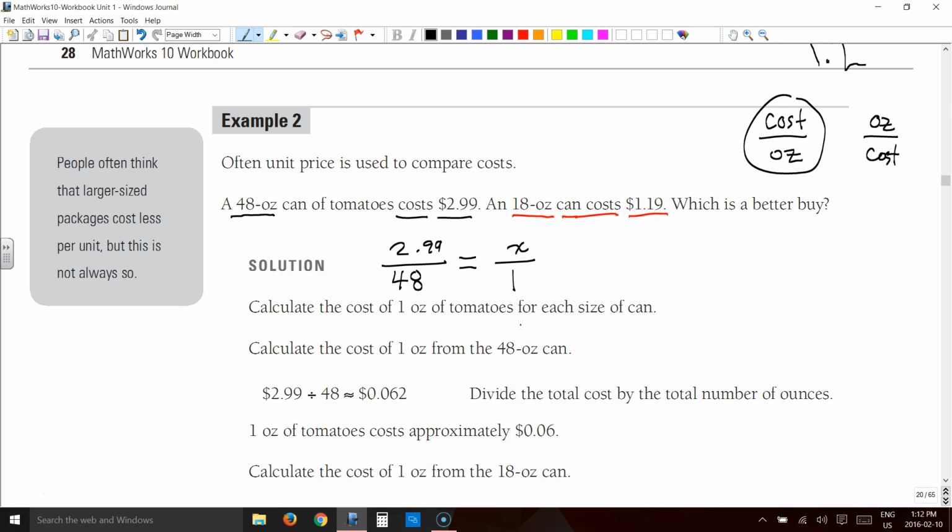Now I heard in the back that one of the students is saying, well, why don't we just take one and divide it by the other and you can find the unit cost? And that's true. The reason I set up a proportion is because it happens a lot that you forget how to do something or you're not 100% sure whether to divide the $2.99 by the 48 or divide the 48 by the $2.99.